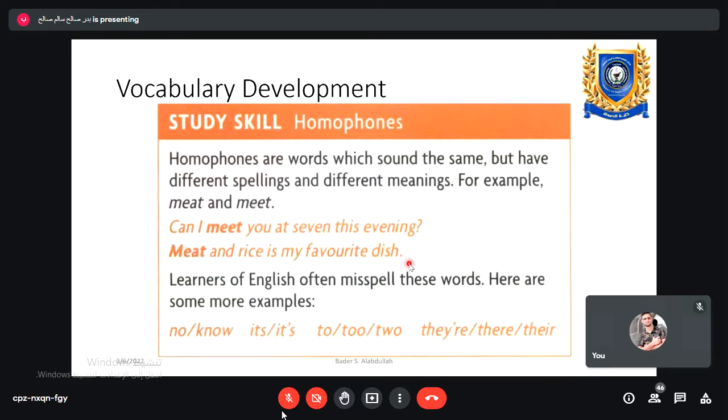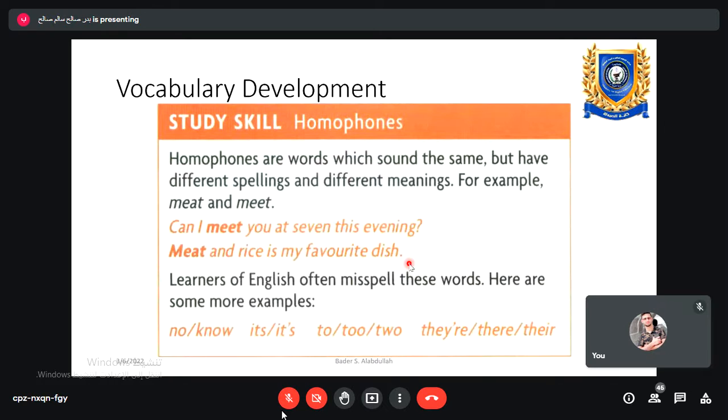So when you read them, it's obvious to you. You know the difference. But when you hear them, when you listen to someone talking about these words, it's not easy to differentiate between them. And that's why you need to listen to the full sentence before you decide which word is the first meat and which word is the other meat.